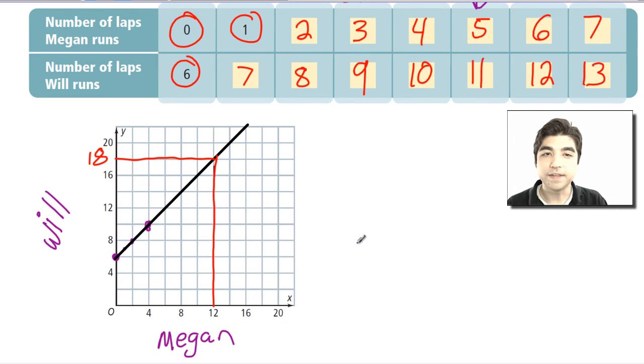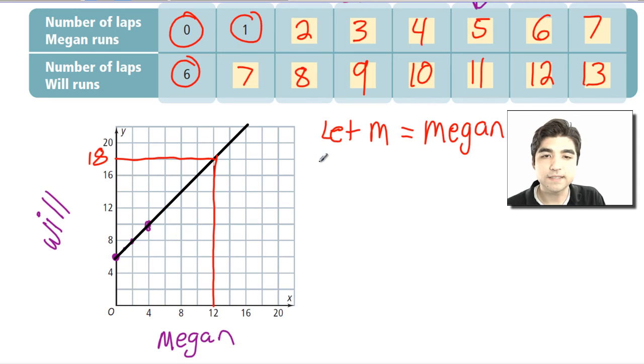And the final way to represent this is using an equation. Equations are very, very important. It's the language that computers need in order to run these situations. So let's let M equal Megan, and we're defining our variables, let W equal Will.